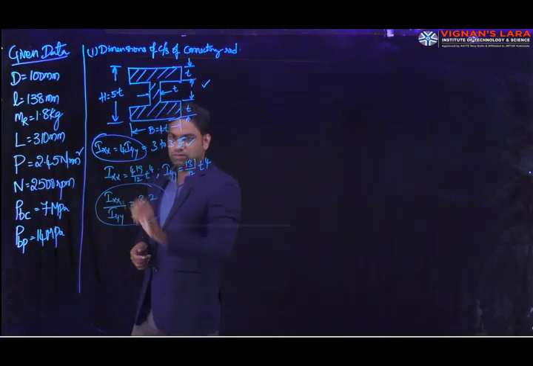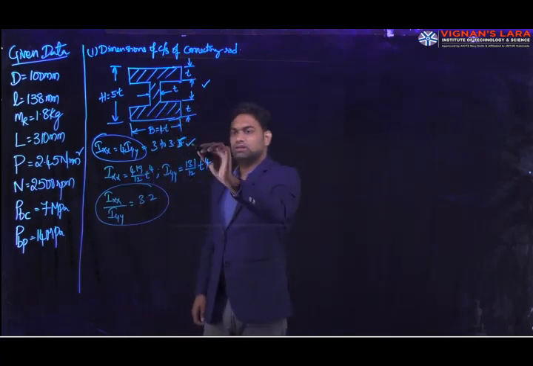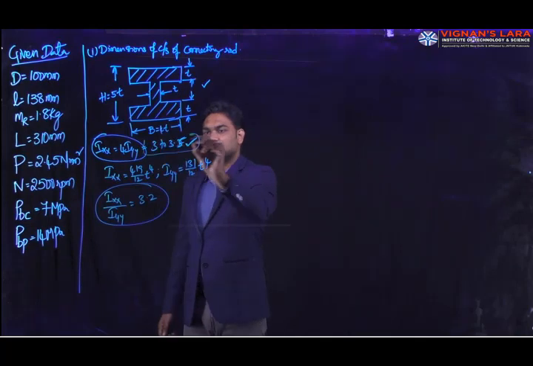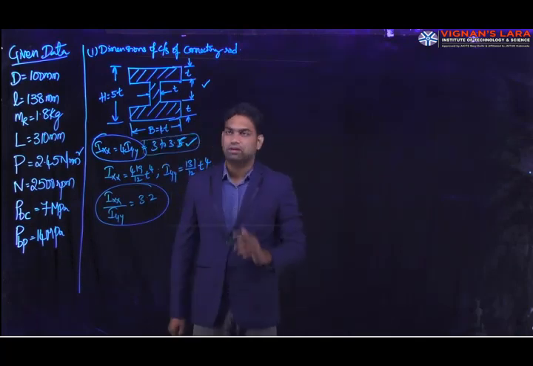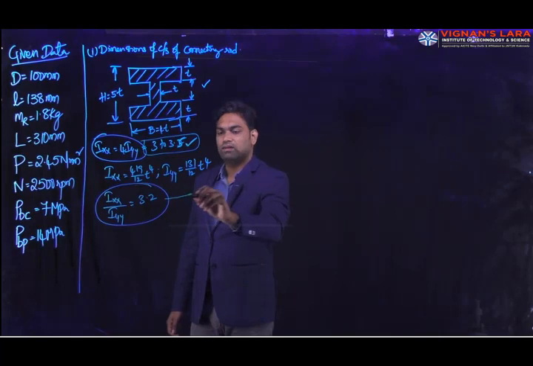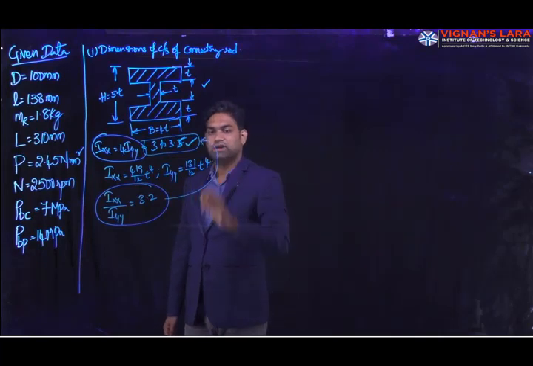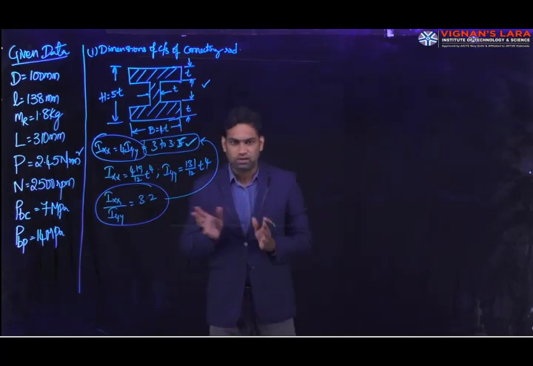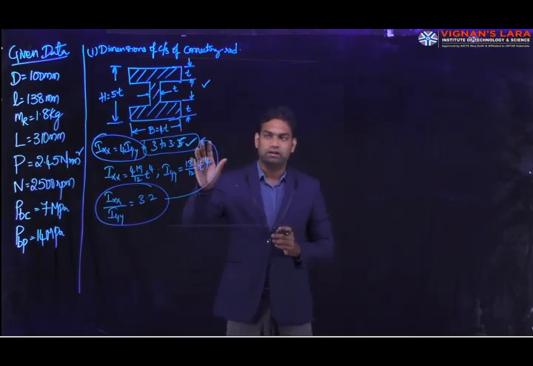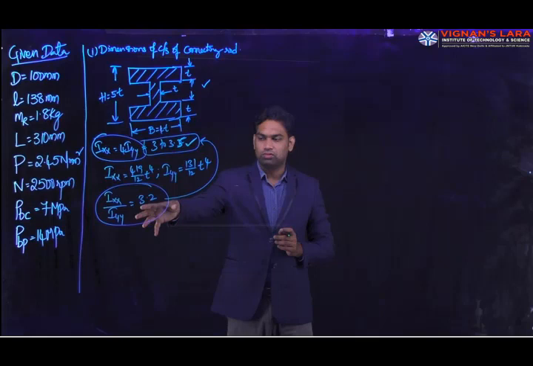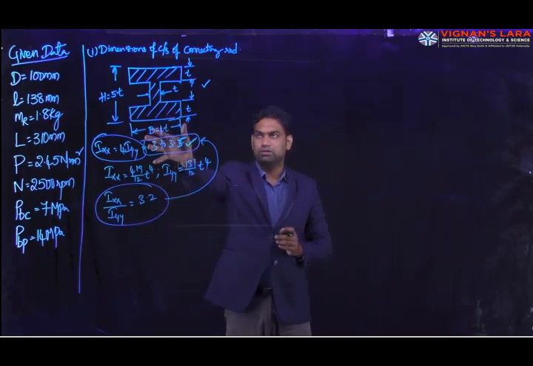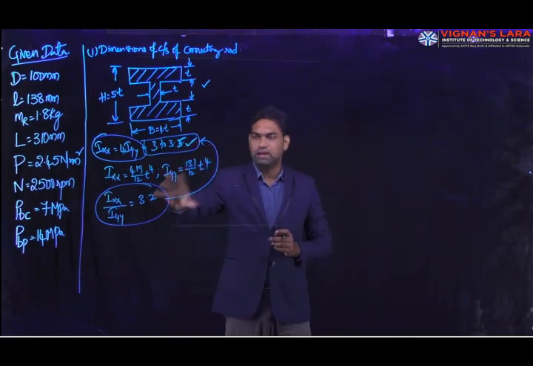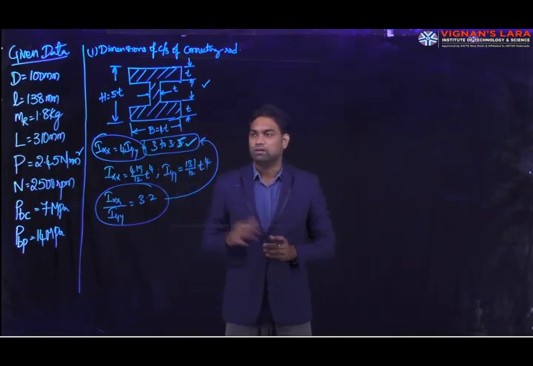So this is the check with the statement mentioned here: you can usually take the ratio between 3 to 3.5. Our calculated value of the Ixx by Iyy ratio is 3.2, which means it is in the range of 3 to 3.5. So whatever section we have considered satisfies the ratio of 3 to 3.5.